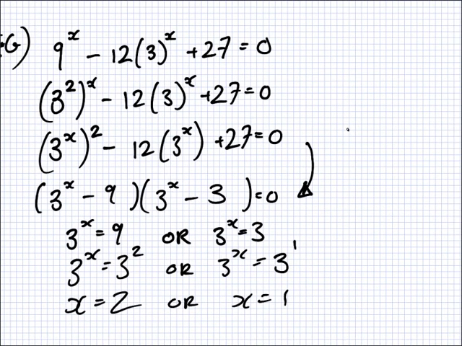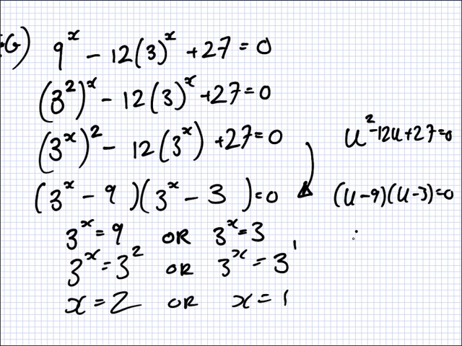You would say u squared minus 12u plus 27 equals 0, then u minus 9, u minus 3 equals 0, then u equals 9 or 3, and then you would stop, realizing you haven't actually found x yet. I've seen this happen. So if you do use a substitution, make sure you don't forget what you're looking for, which is x. Okay, can I scroll down?